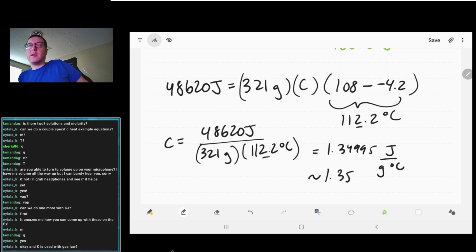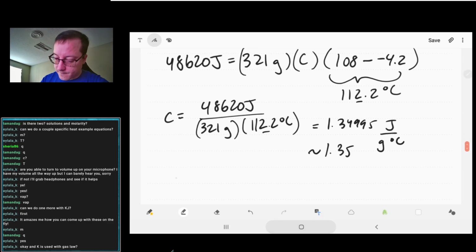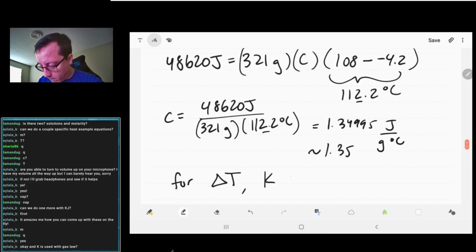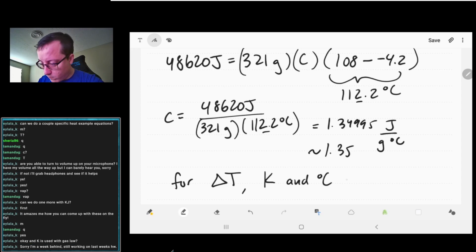Yes, Kelvin is used with gas laws. You could use Kelvin here, no problem, but that would be a kind of a waste of time, but you could. Remember, for a change in temperature, Kelvin and degrees Celsius are identical to each other.